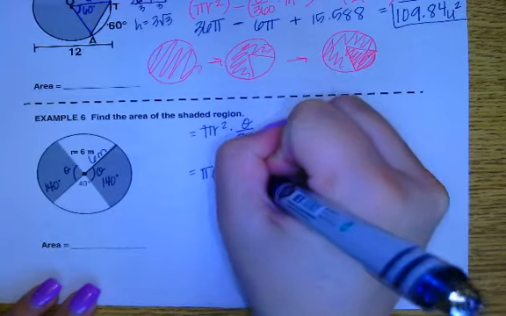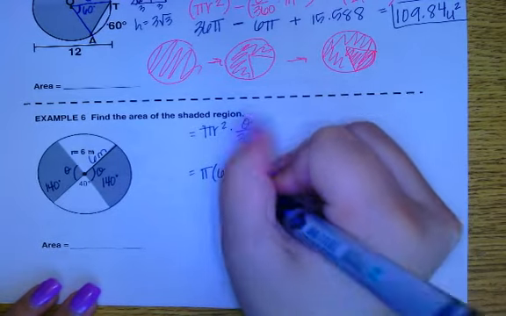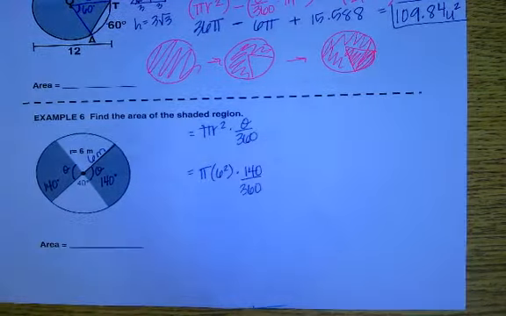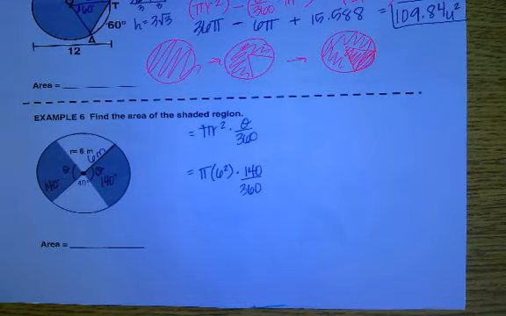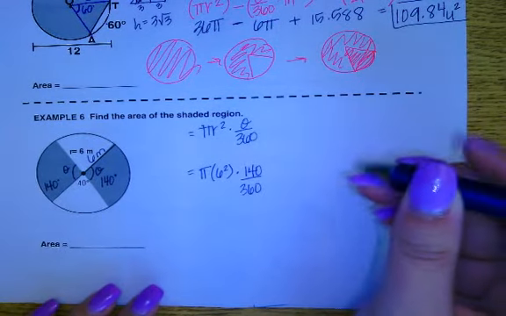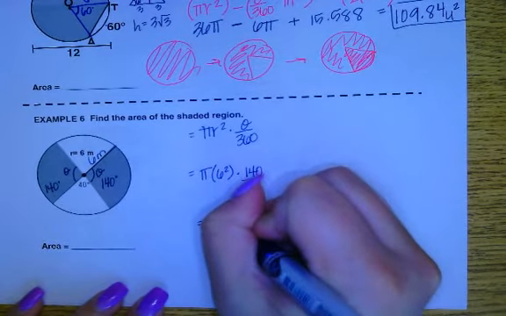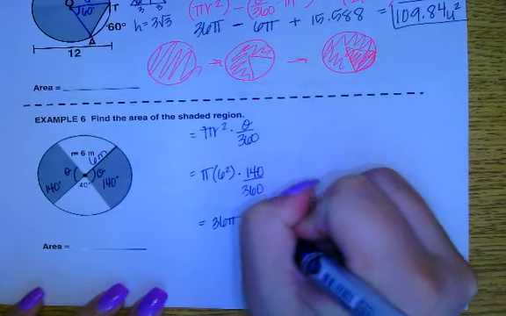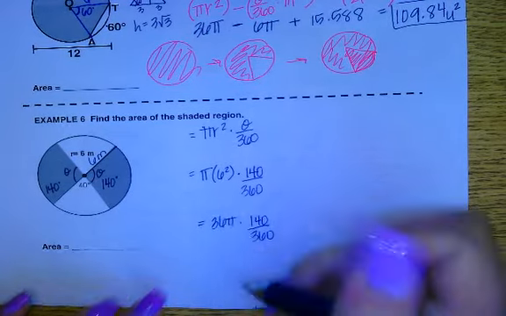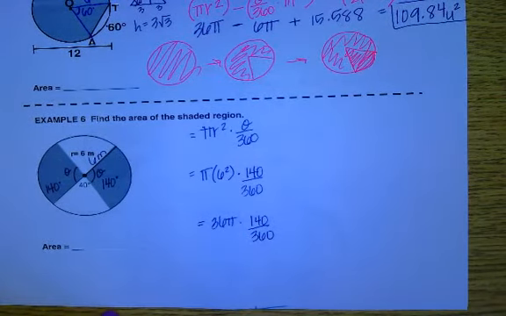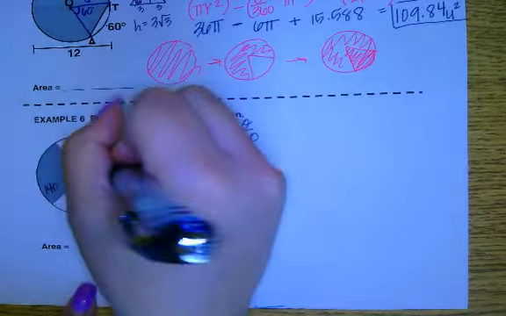Kind of just depends on how you want to do it, because you're just multiplying by 2. You get 36 pi times 140 over 360. And what do you get as one piece? 14 pi. But you know you have to double it. So what is the shaded region? 28 pi. Very good. And you have meters squared.